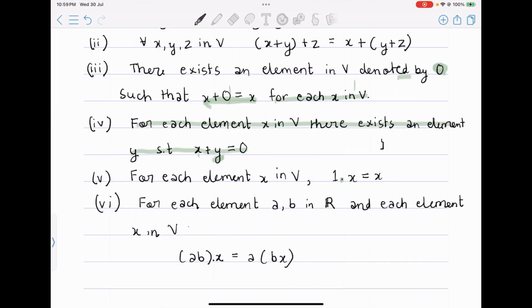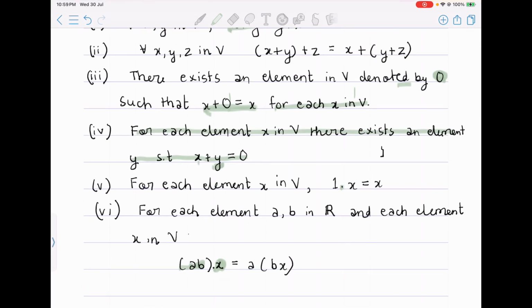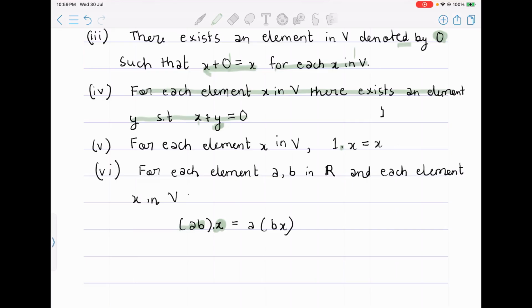Here this is dot. ab is multiplication in real numbers, and then dot with this x, you will get back a vector. This vector is equal to: if you do b dot x, you will get one vector, and then if you dot with a, you will get one vector again. These two should be equal.